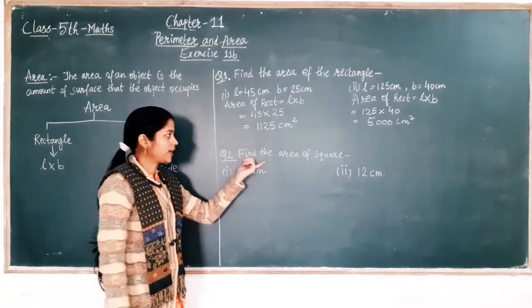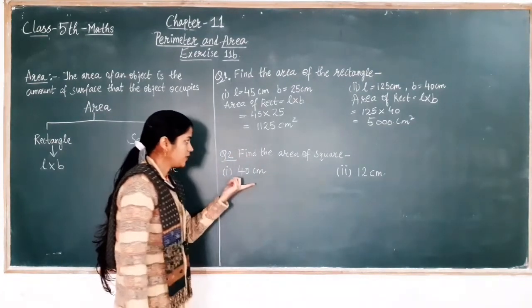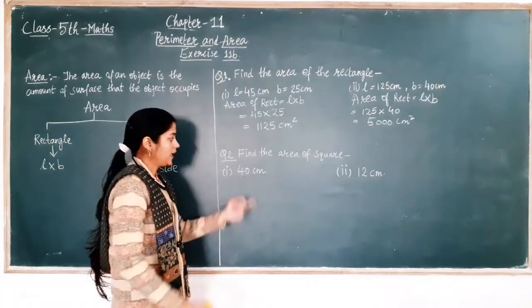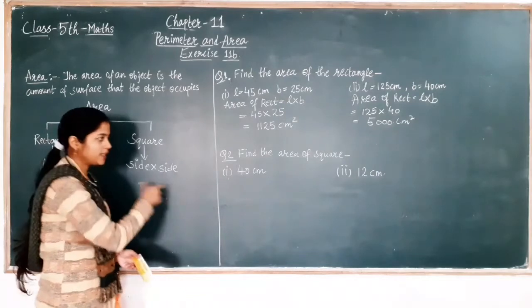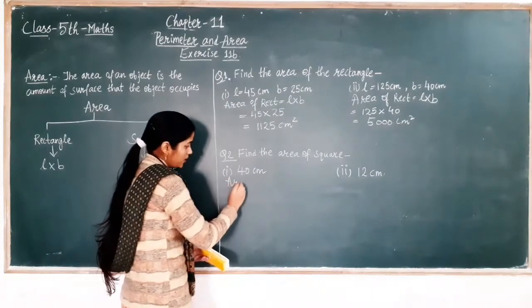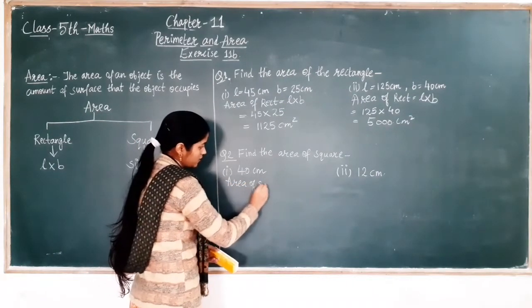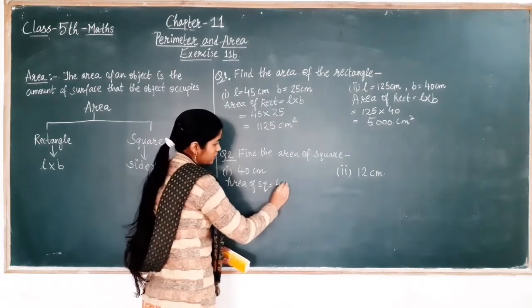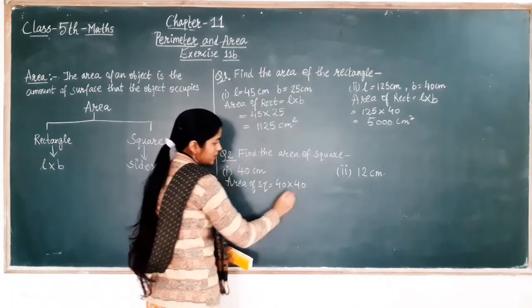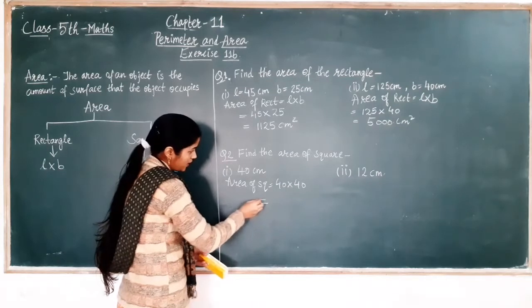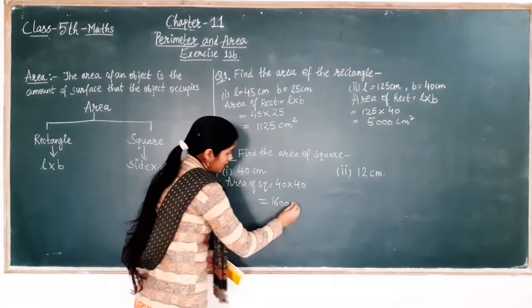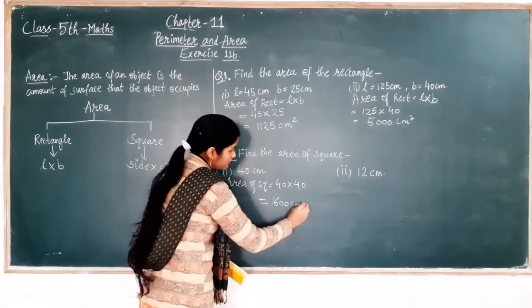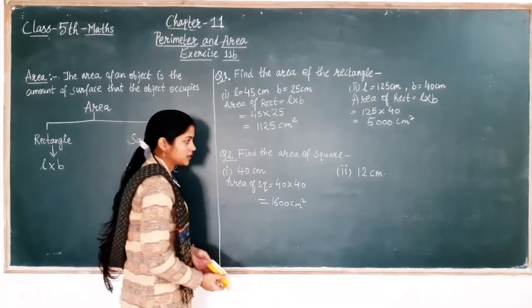Then the next question is to find the area of a square. We have been given one side, and we can find the area easily with the formula side into side. Area of square is equal to side into side, that is 40 into 40. It would be 1600 centimeter square.